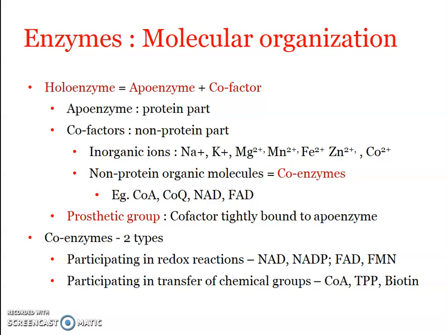Now, coenzymes have plenty of examples: coenzyme A, coenzyme Q, nicotinamide adenine dinucleotide, flavin adenine dinucleotide, FAD. All these are examples of coenzymes. Coenzymes, in combination with the apoenzyme, act as carriers or donors of atoms or chemical groups. For example, NAD can act as an acceptor.